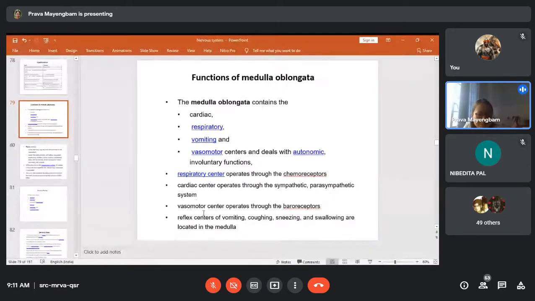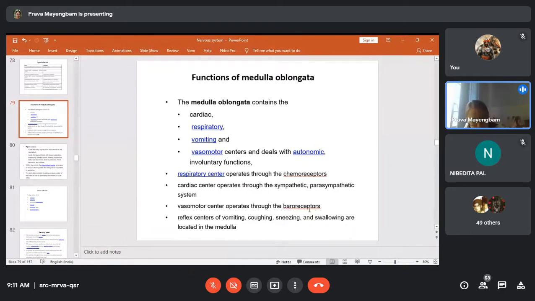Then the vasomotor center. Vasomotor center means the activity of the blood vessels is controlled by the neurons in the medulla oblongata, and this vasomotor center operates through the baroreceptors. Here again come the carotid bodies and the aortic bodies. They are chemoreceptors, and they are also baroreceptors. They sense the drop in the BP.